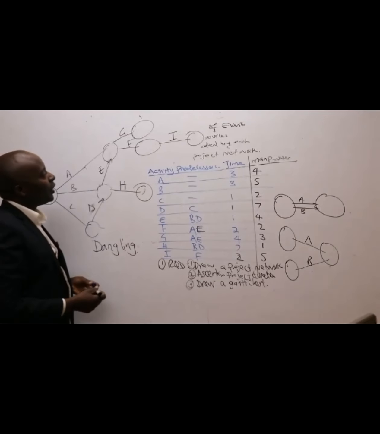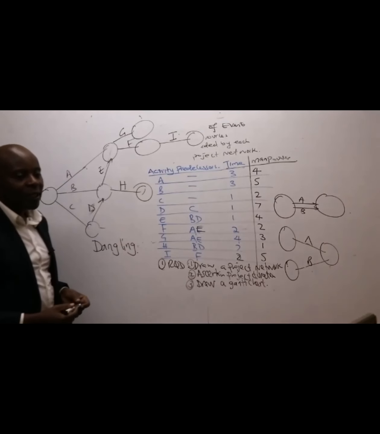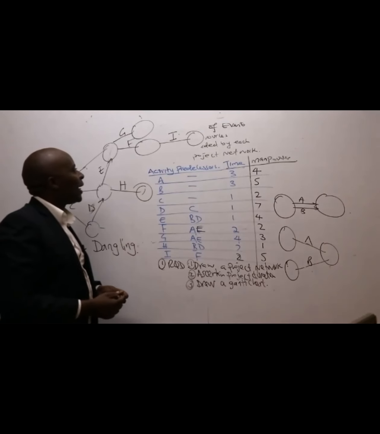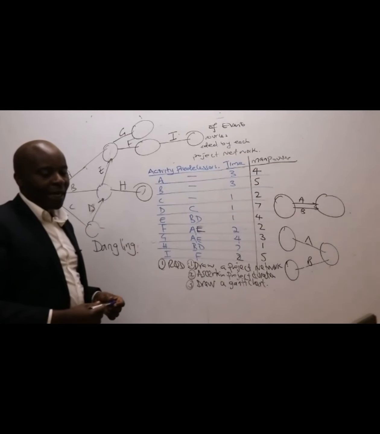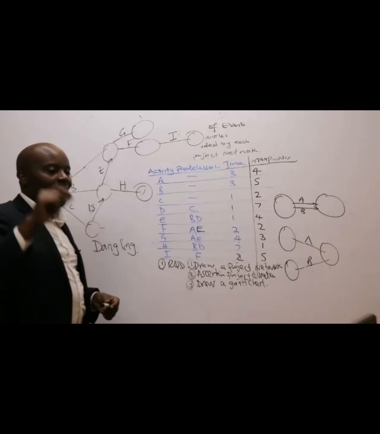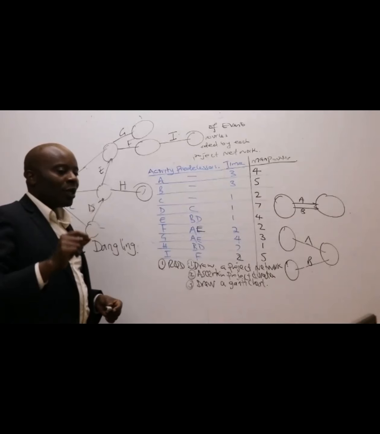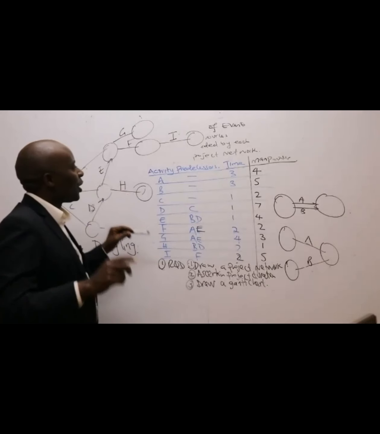So if that is the case, what am I supposed to do to all hanging activities? I should create one node, which I'll call project completion node. And this project completion node, ladies and gentlemen, I should be able to have all the hanging activities going there.